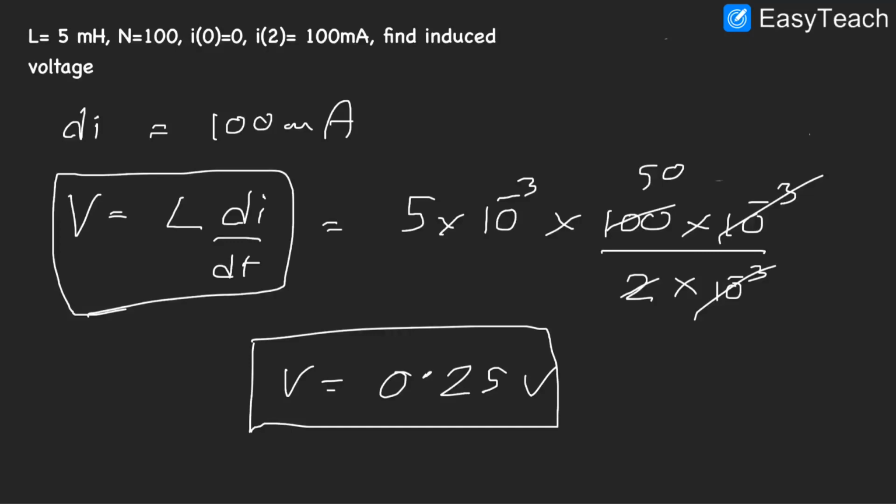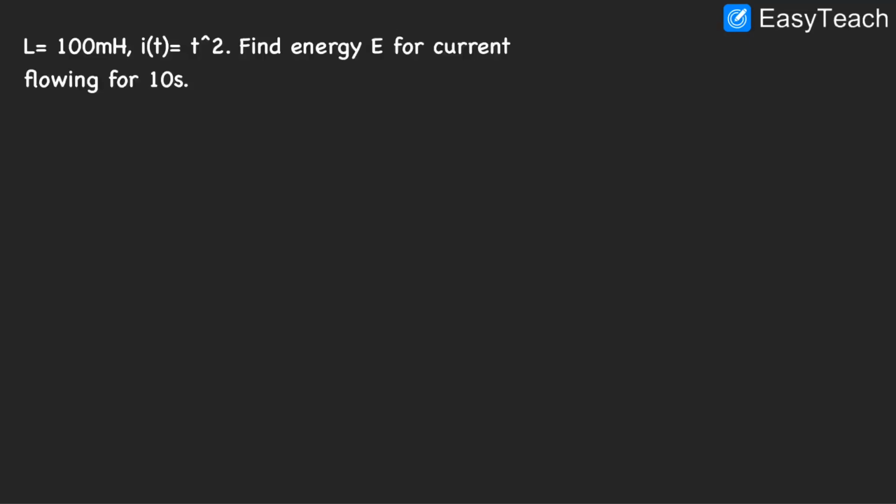Alright, so let's go to our next problem. Okay, so now I have my inductance value given as 100 millihenry. That's for my inductor, and the current relates with respect to time as t square.